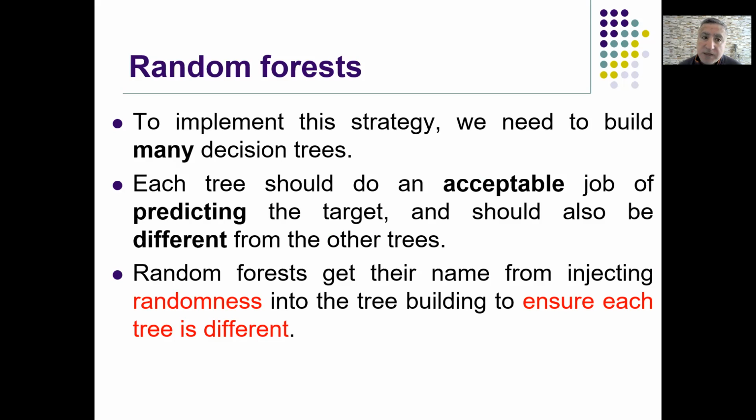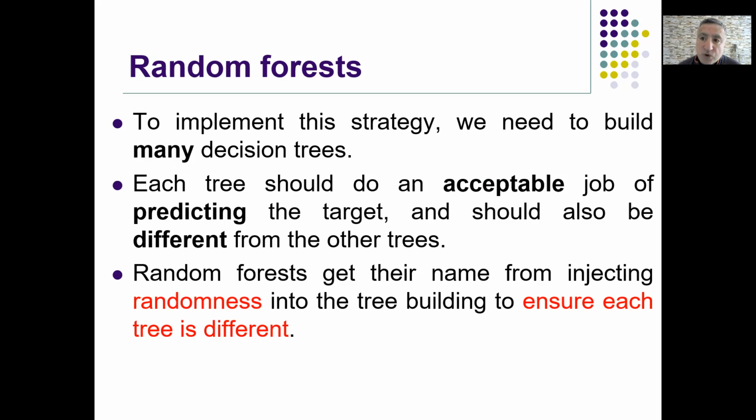But here is the idea: we have to end up with a forest of different decision trees, deciding differently from each other. So we need to train them differently. Random forests get their name from injecting randomness into tree building to ensure that each tree is different.